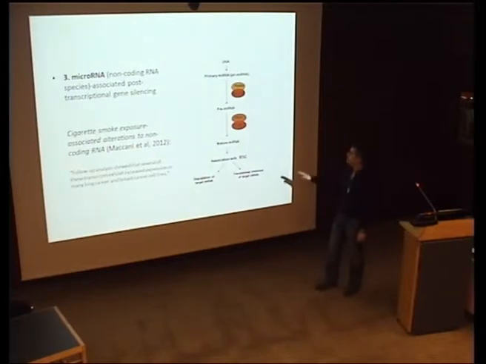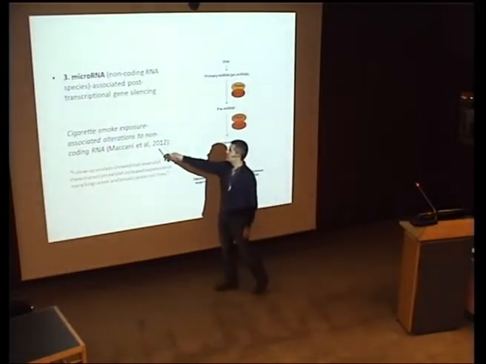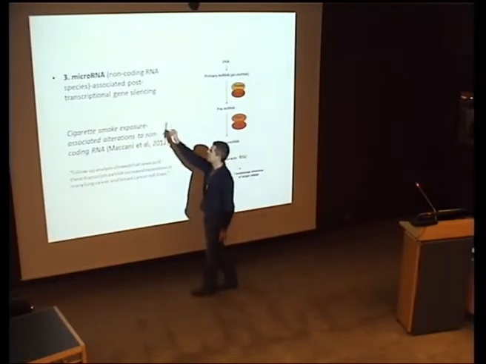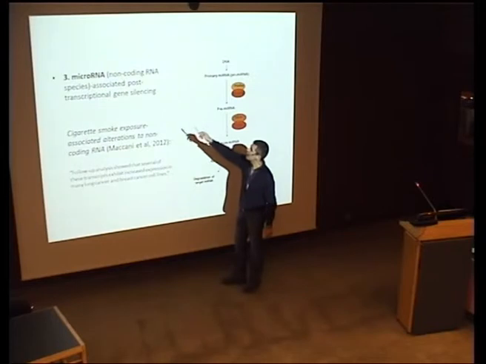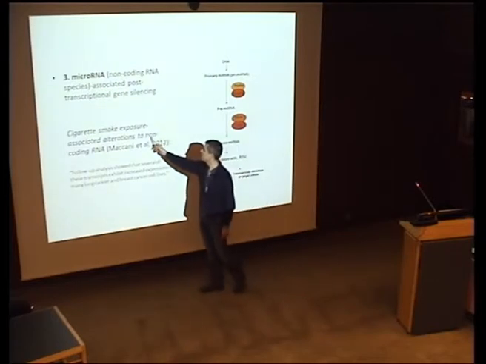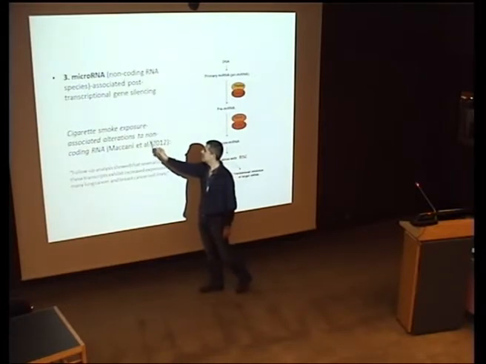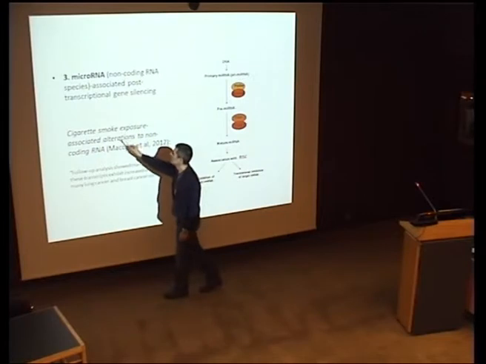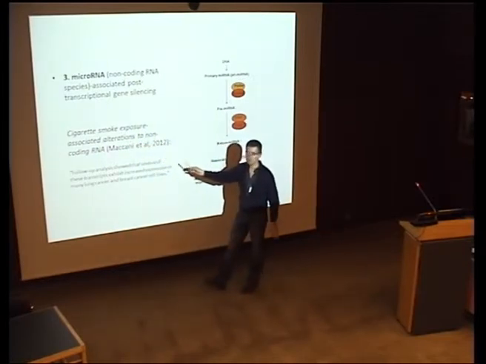So, in a very recent study from 2012, Makani and colleagues, the study was called, Cigarette Smoke Exposure Associated Alterations to Non-Coding RNA. So, microRNAs are one of the three most important non-coding RNAs, and they investigated how cigarette smoke exposure was associated to this kind of alterations, and it is in fact associated.